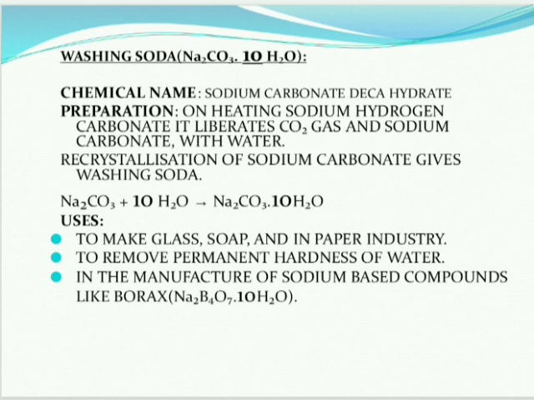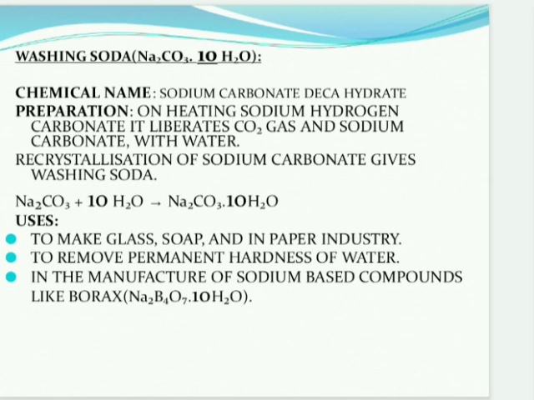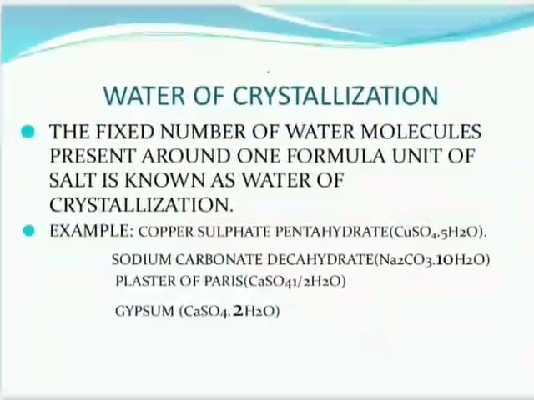That means the hardness will be treated. Hardness will be gone by heating with sodium carbonate. In the manufacture of sodium based compounds like borax, Na2B4O7 10H2O, this borax will be manufactured by using sodium carbonate.